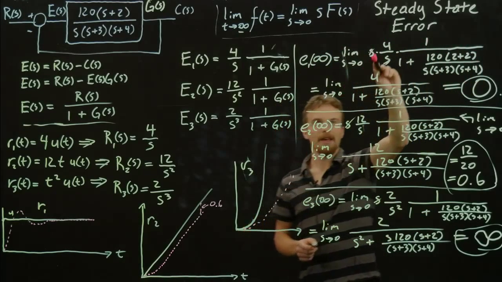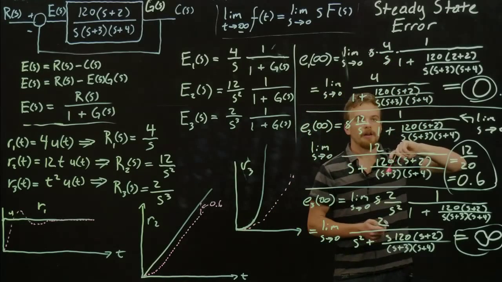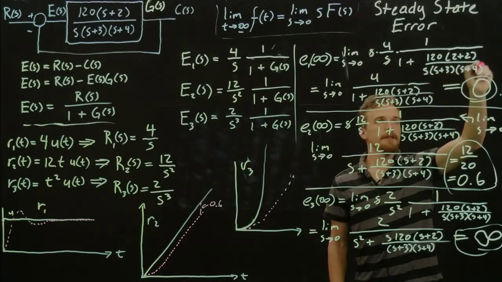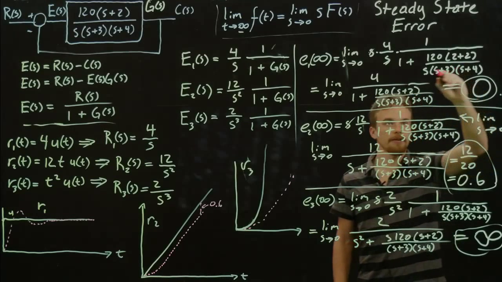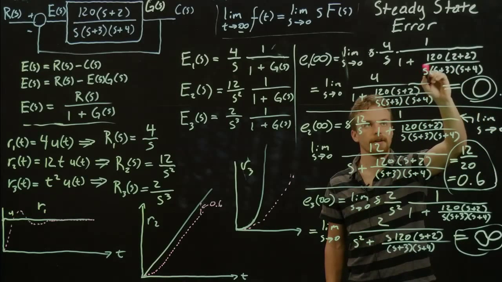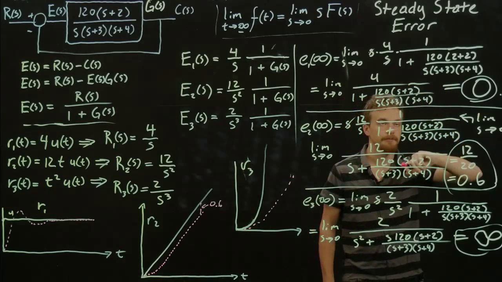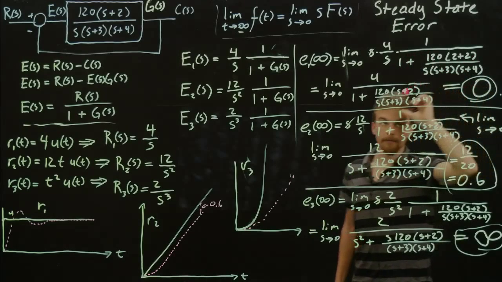We had some cancellation in the first part of the problem, and then this term in the denominator went to infinity as s goes to 0 because of this little s right here. And that's part of our original transfer function. And that's what made the total expression go to 0.